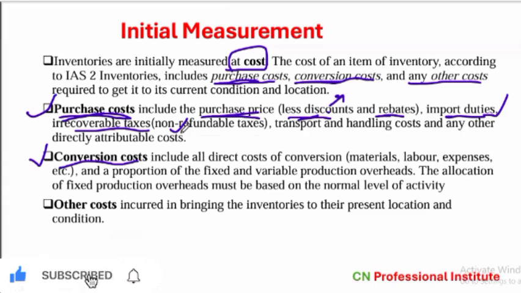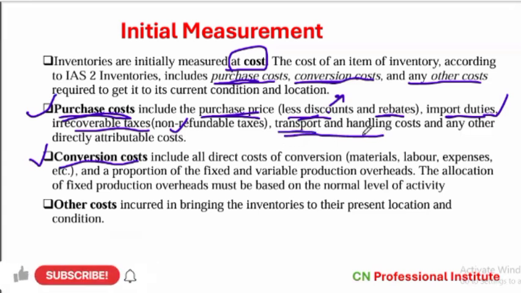Then we also add transport and handling costs, like carriage inwards. You purchase your inventory, you have to transport it to your warehouse or to your factory or to the present location. So carriage inwards and the like are part of transport and handling, and any other directly attributable cost.